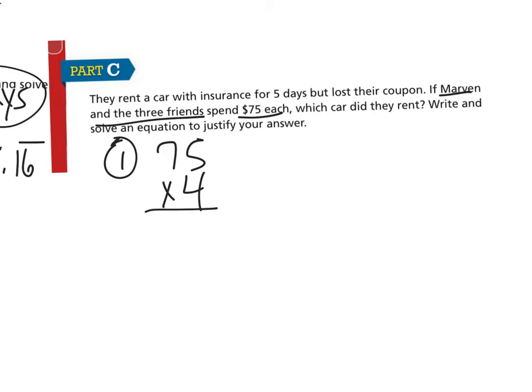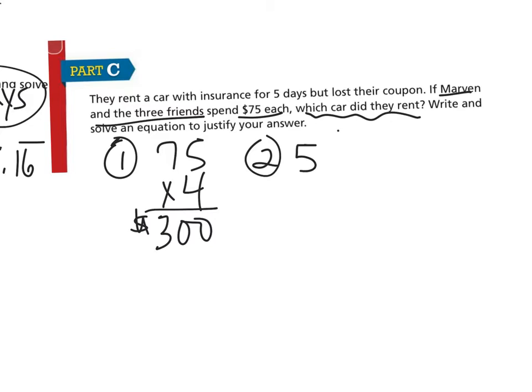So that would be $300 that they spent, and they're renting it for 5 days. The question is, which car did they rent now? So 5 days, so they are going to have presumably, oh yes, here it says with insurance.